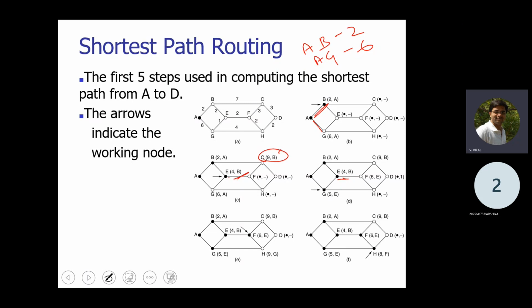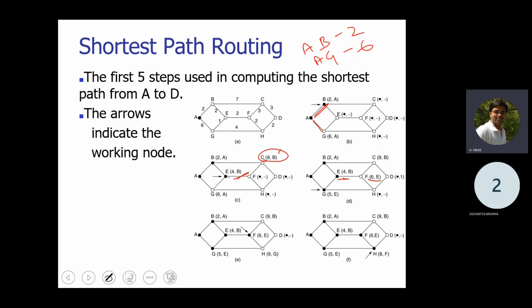We are selecting E and we updated F. Till E the cost is 4. E to F the cost is 2. So 2 plus 4, 6 we have updated for F. Previously A to G we had a cost of 6.